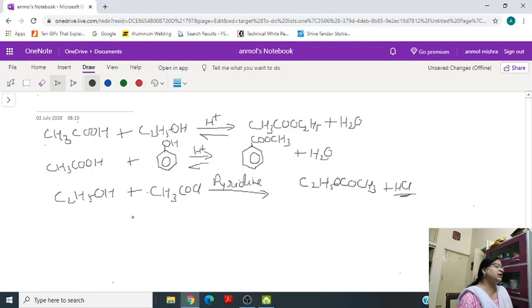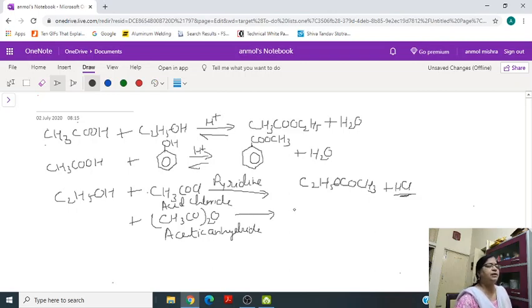We can also take acetic anhydride, CH3CO whole twice O. This is acid anhydride. Already you should know the name of these compounds, and while writing equations always practice writing down the name below it, then it will come in your habit, then you will never forget to write it down.